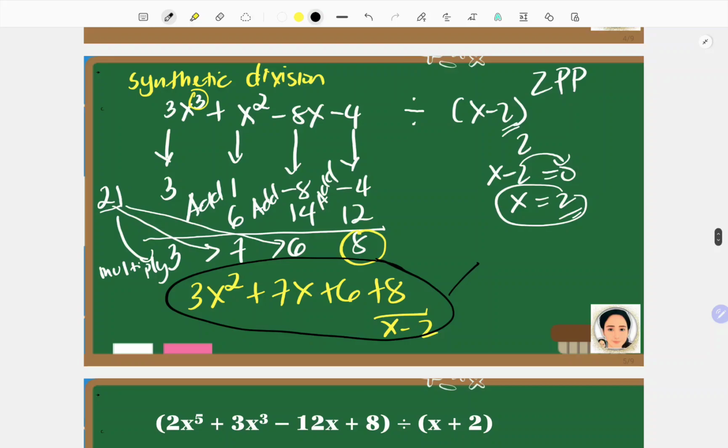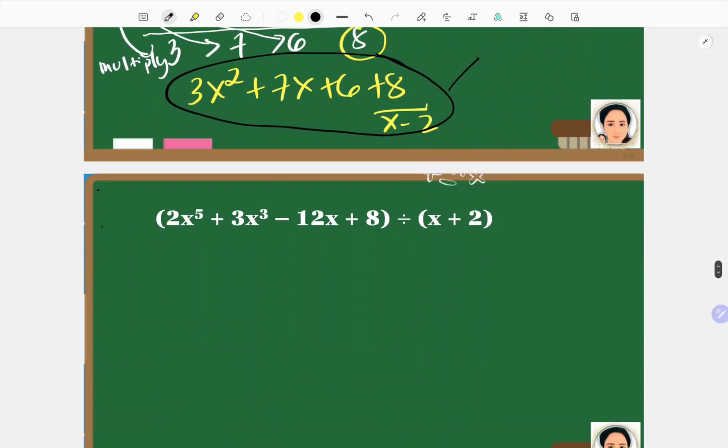Now let's proceed to another example of the division of a polynomial by another polynomial. So let us now divide. So I will copy first. So you have here 2x to the 5th.